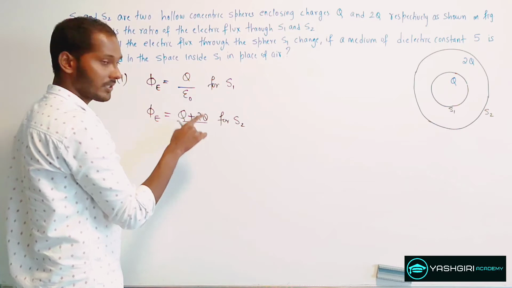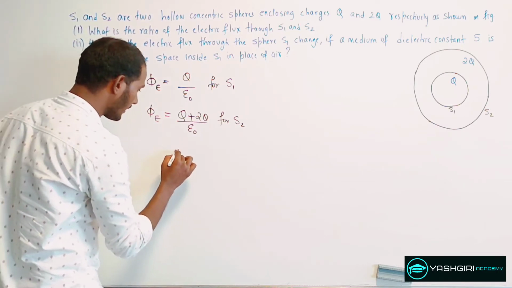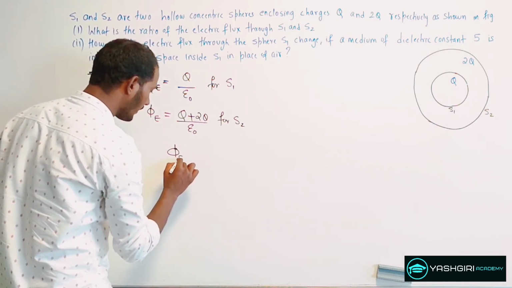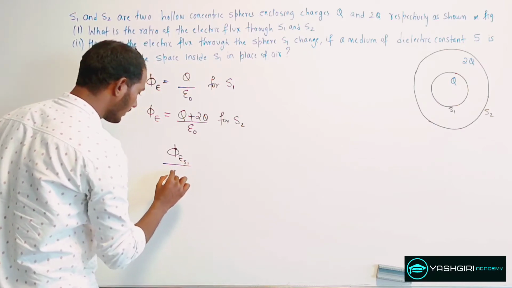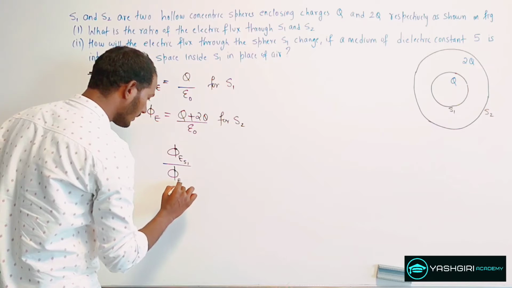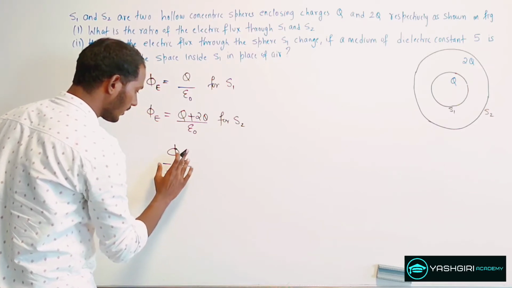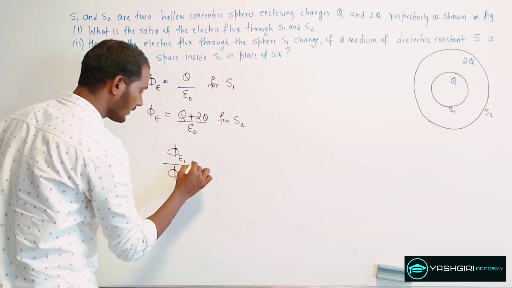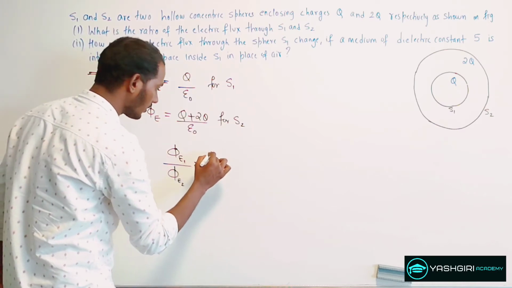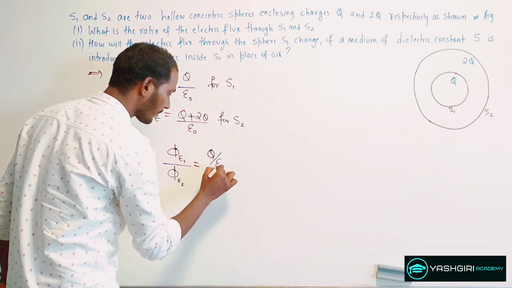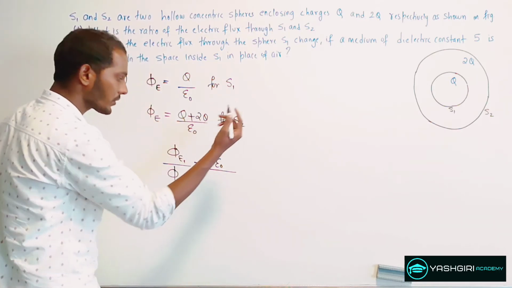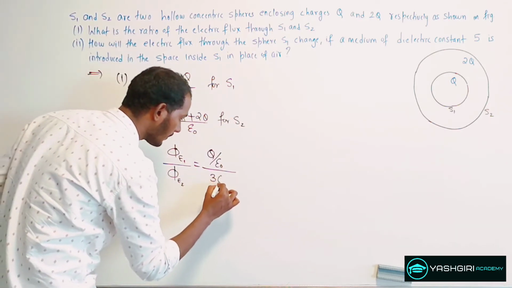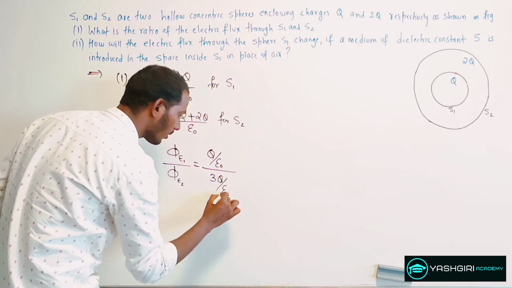Now here I am interested in the ratio, so I can just take the phi of E due to S1 and the phi of E due to S2. In this case it is Q by epsilon naught divided by Q plus 2Q, both being positive charges, so 3Q by epsilon naught.